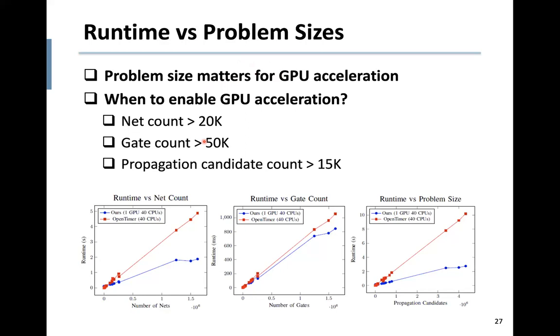You can get some benefit from using GPU. And of course, the benefit will become larger as you increase the problem size. So these numbers can be a good threshold to decide when to use GPU and when to use CPU for running STA, especially in the incremental optimization loop.